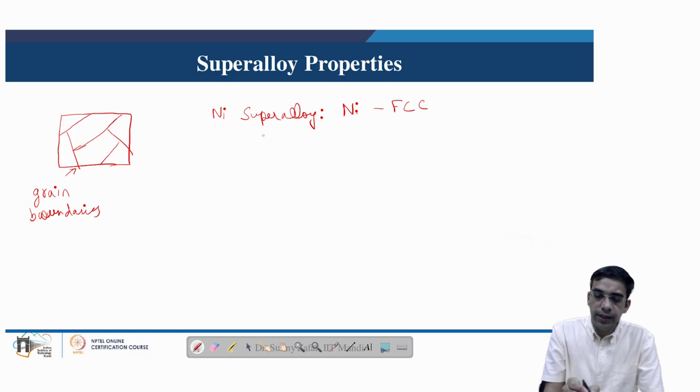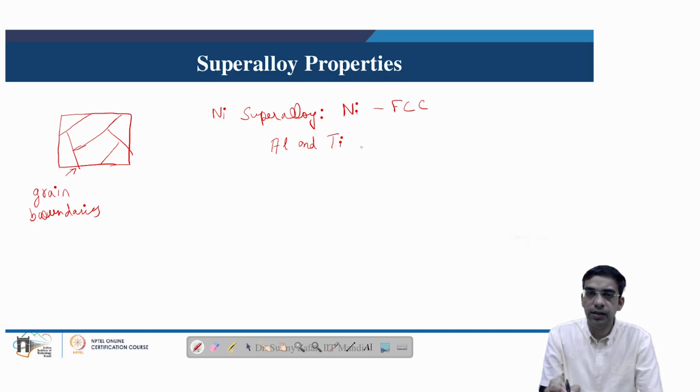In this nickel based superalloy, other than nickel, predominantly aluminium and titanium are also added to form certain precipitates, which take the shape of, say, these sort of precipitates, which are also known as gamma prime precipitates.